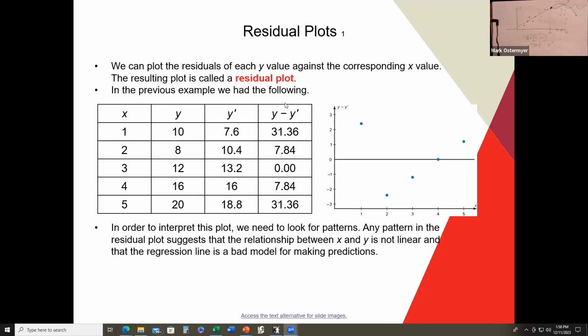We can also build what's called a residual plot, where we plot each residual, the difference between the observed y, the actual y value, and the predicted y value, against every x coordinate of every ordered pair.